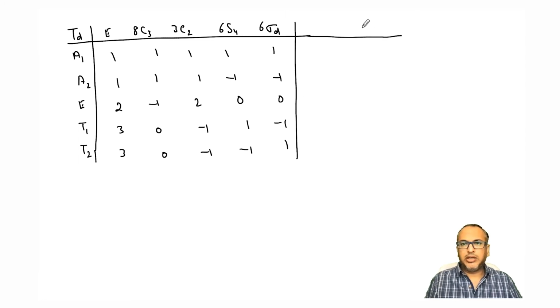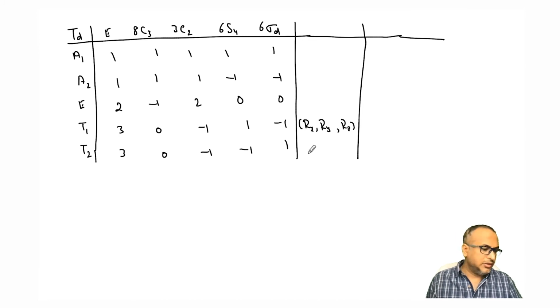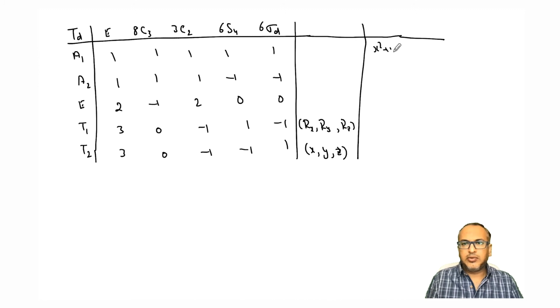Now the interesting part, which you want to focus on: Rx, Ry, Rz, and this is my x, y, z, and x square plus y square, although it is not required right now.